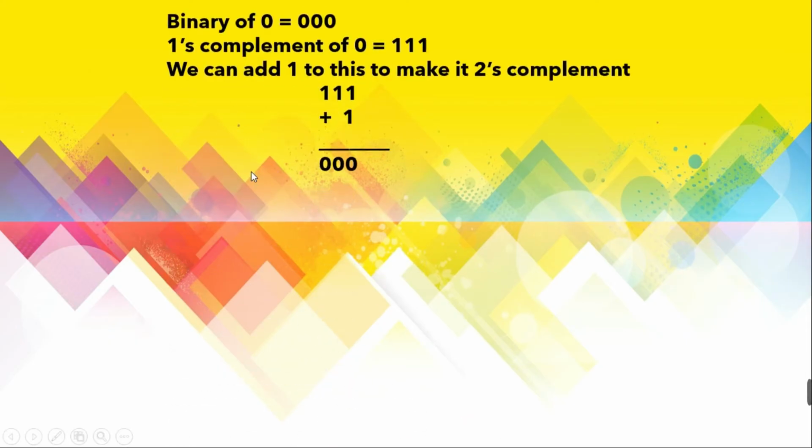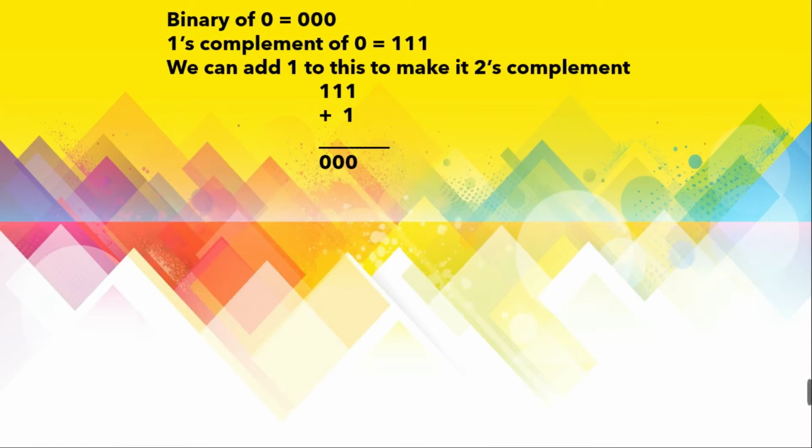This is how we can do the 2's complement for a 3-bit number. The binary of the number 0 is 3 zeros if we write it using 3 bits.